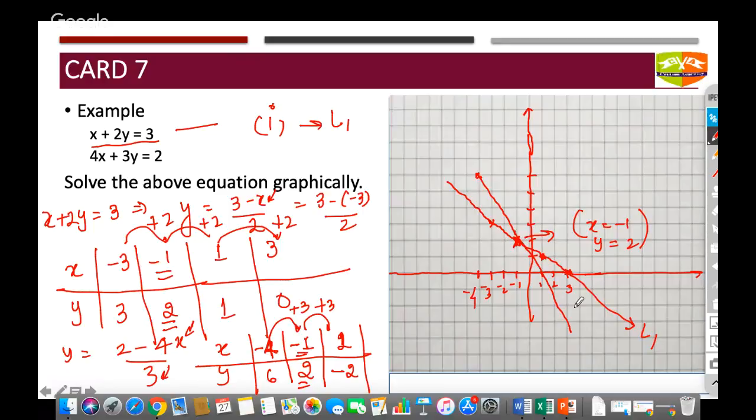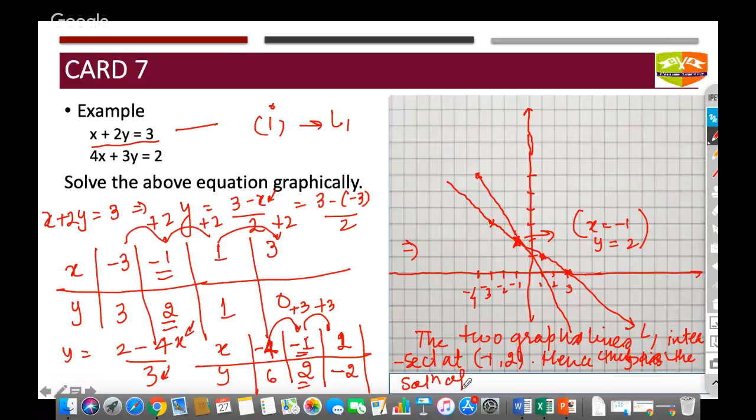Just by plotting the lines, I can see that the two graph lines intersect at (-1, 2), hence this is the solution of the given simultaneous equations. So this is how I write at the last after drawing.